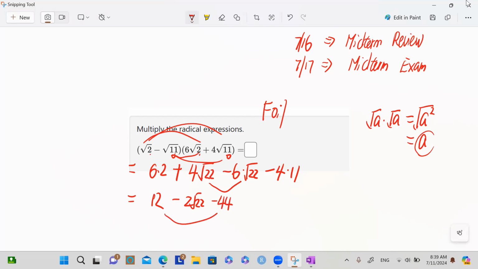Now combine like terms one more time. 12 minus 44, that's minus 32, minus 2 radical 22. Okay. So that's basically how we get to the bottom of this solution.